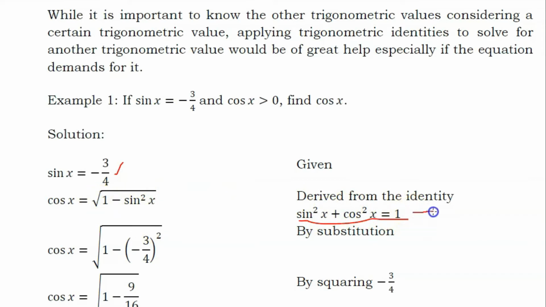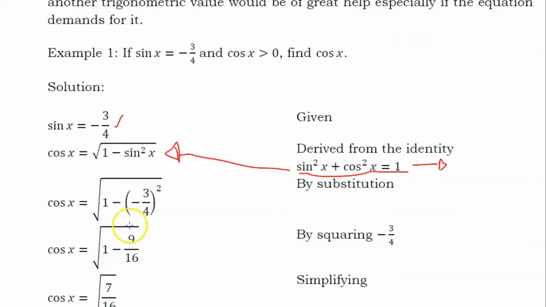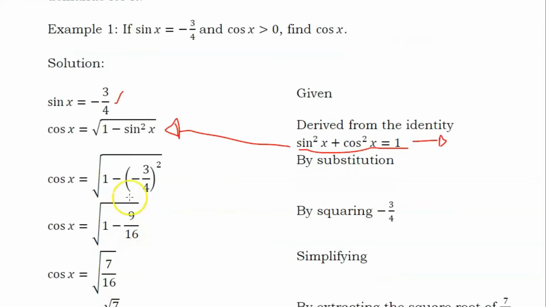Just manipulate the formula and we obtain cosine x is equal to the square root of 1 minus sine squared x. Just substitute the value of sine x. So we have negative 3/4 squared. So we obtained cosine x is equal to the square root of 7/16.